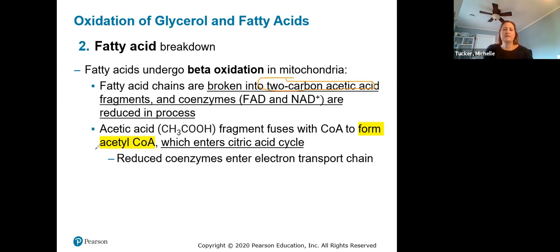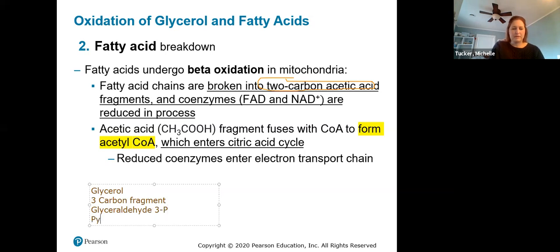So we had glycerol. Glycerol is a 3-carbon fragment. Glycerol gets made into glyceraldehyde 3-phosphate, which then becomes pyruvate, which then gets decarboxylated, which means it's going to lose a CO2.